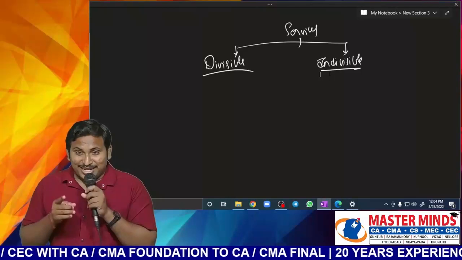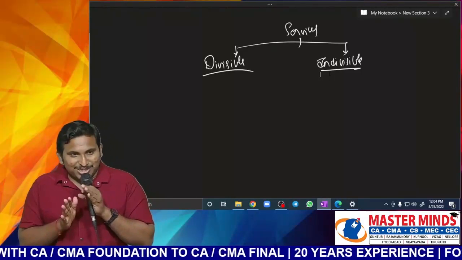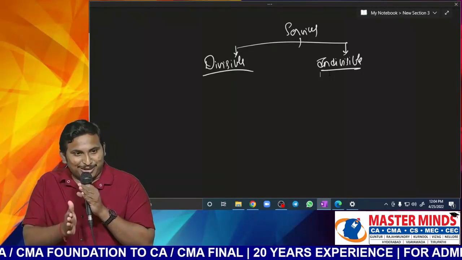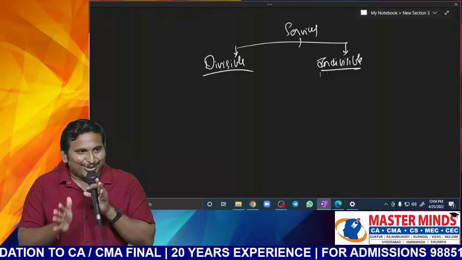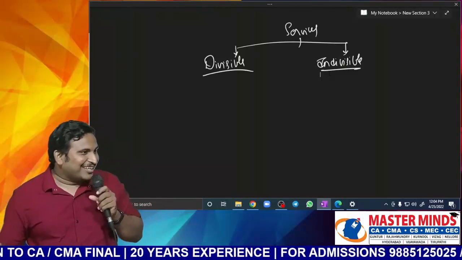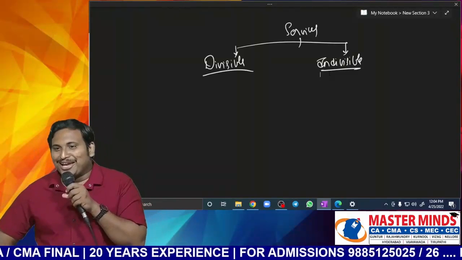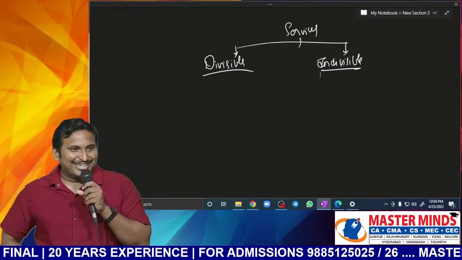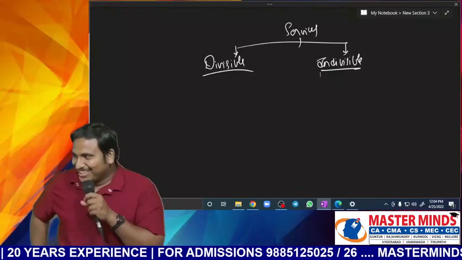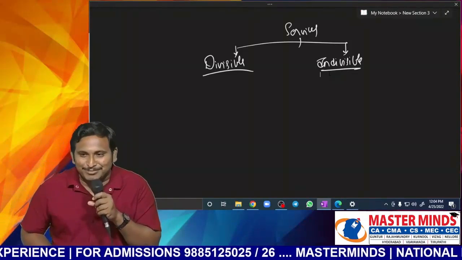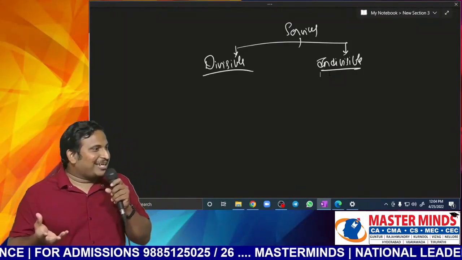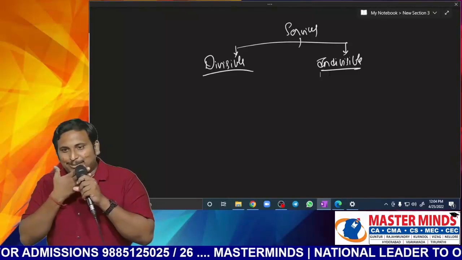If you say divisible, that means even if you stop the work on 31st March, they should pay you half amount. Suppose on 31st March midnight, you open the body parts and you leave, and you ask them for half income. Will they pay? They will not pay the money. They will file a case on you. You just opened the body parts, only half completed. So is this divisible or indivisible? Indivisible.